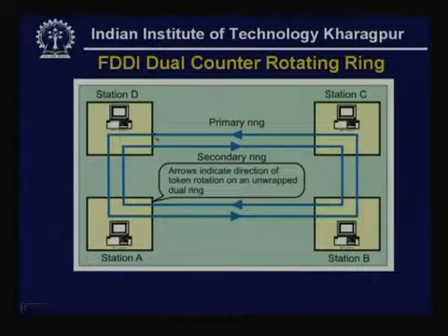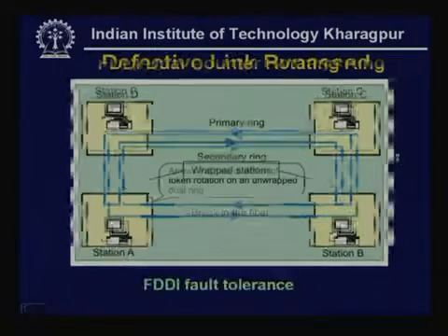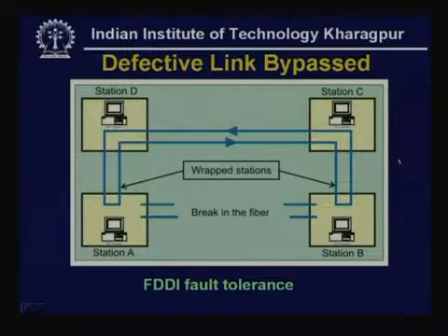That means there are 2 ports, 2 and 2, 4 ports for each station, which has to be connected to form a ring. Now, this dual counter rotating ring provides you higher reliability. For example, whenever there is a break in the fiber, so some link has been disrupted, then automatically the ring will wrap in this manner.